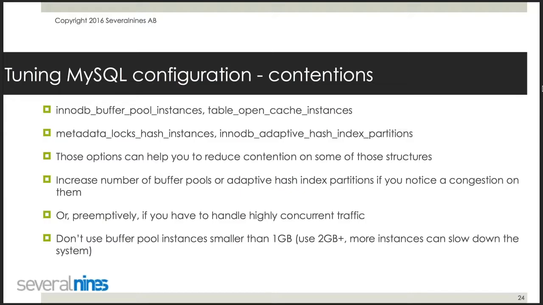So you can increase the number of buffer pool instances to actually benefit from less serialization and, as a result, better performance. So we can either change those settings because you see that something is wrong, or you can do it preemptively, when you know that you'll be handling highly concurrent traffic.